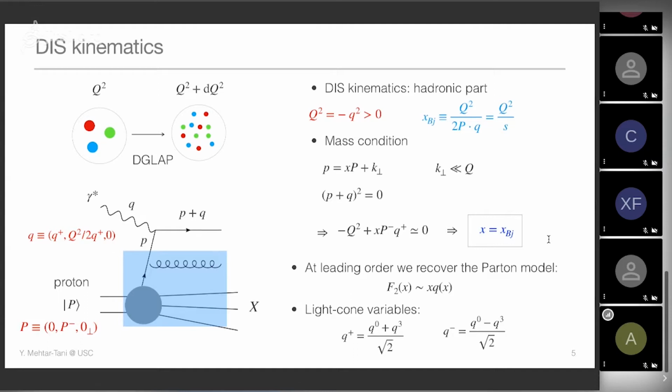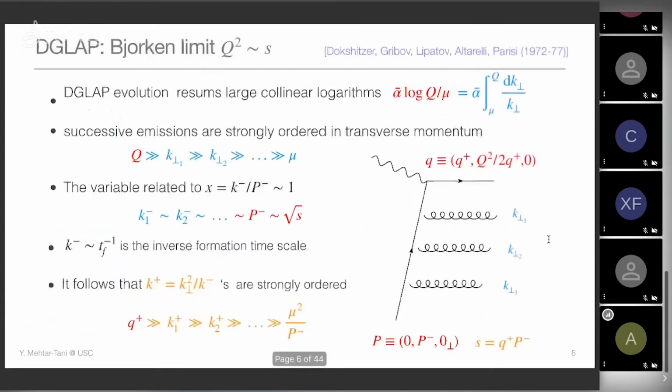Now you can evolve this, calculate next to leading order and higher order corrections, and in doing so, first, you will recognize that there are mass singularities, which correspond to gluon radiations that are collinear to the quarks in the proton wave function, and this leads to large logarithms.